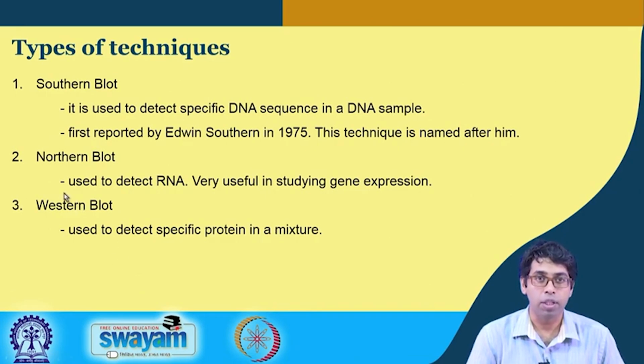In that case we are going to use western blot. So, you can see that all three major macromolecules are covered by these three different immunoassay techniques. Southern blot is for DNA, northern blot is for RNA, and western blot is for proteins, and we will look at them in that particular order.